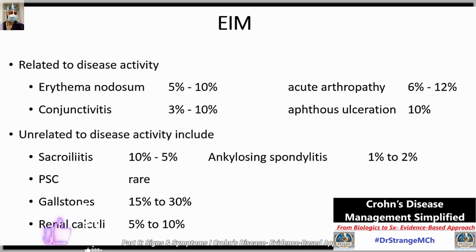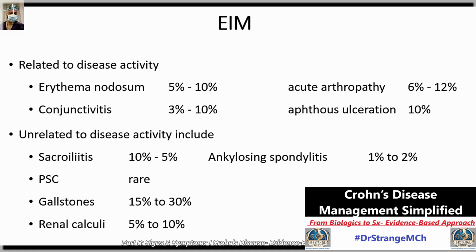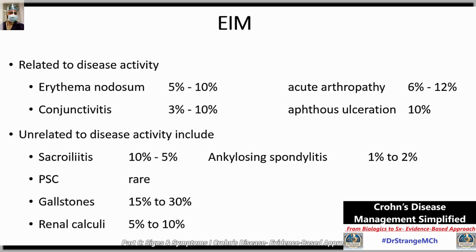The extra-intestinal manifestations in Crohn's disease are categorized in two groups. One is related to disease activity, that means they are more severe if the disease is more severe: erythema nodosum, seen in 5 to 10% of cases, conjunctivitis 3 to 10%, acute arthropathy 6 to 12%, and aphthous ulceration in 10%.